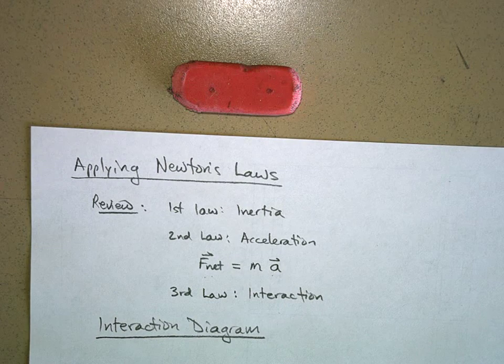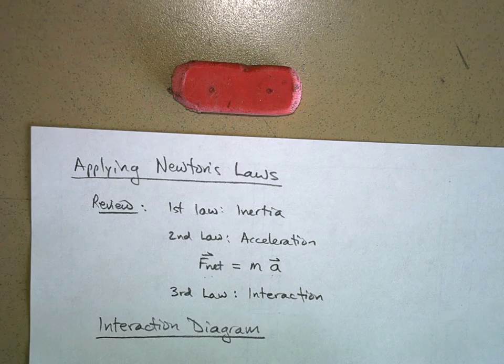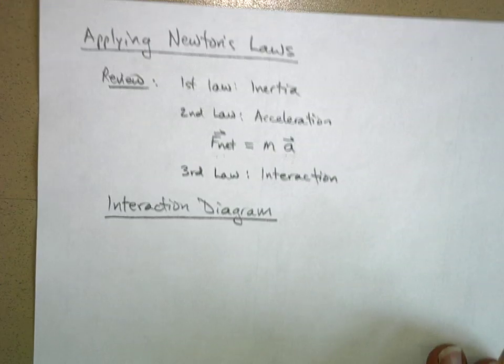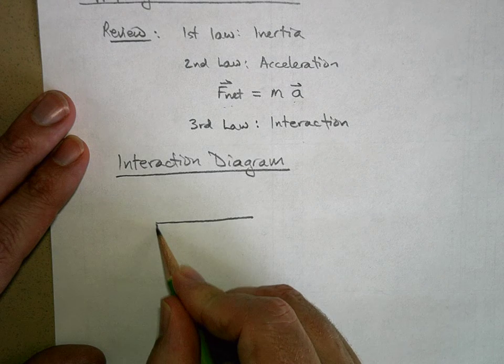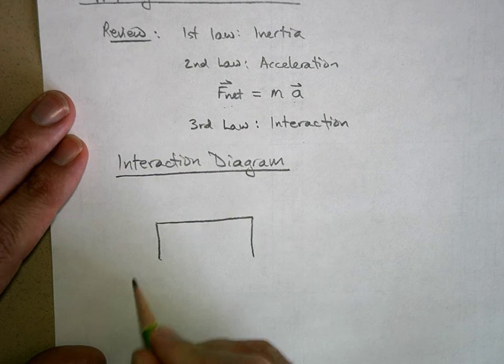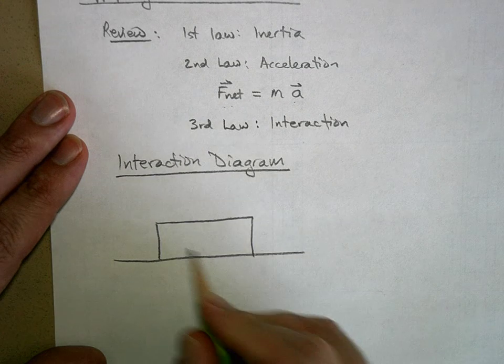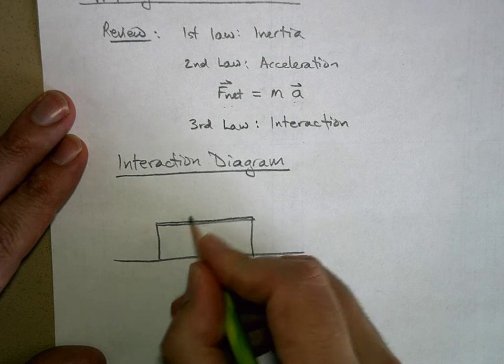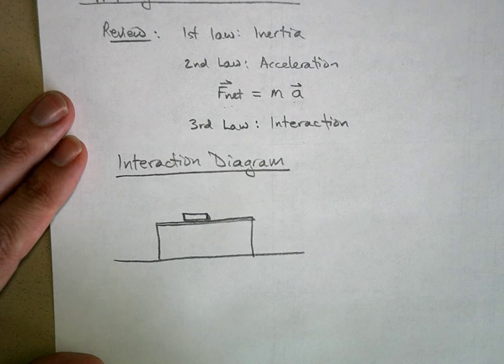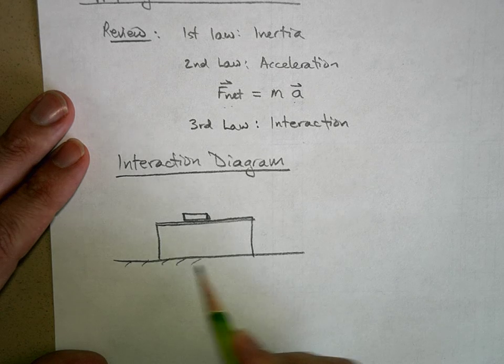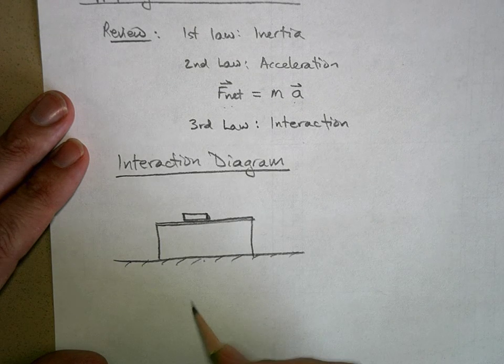An interaction diagram shows all the forces that are acting. So let me draw the table like this. Here's the eraser. I'll draw it bigger than it actually is. And then here's the ground. Here's the floor beneath my feet, and the earth is below that.